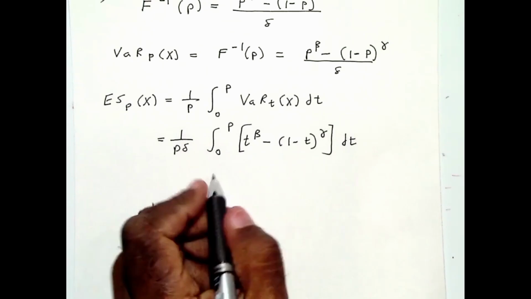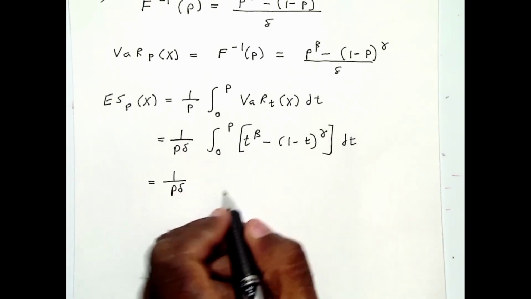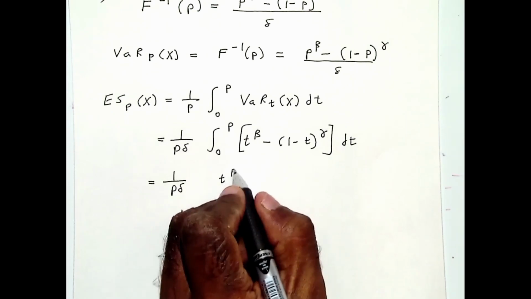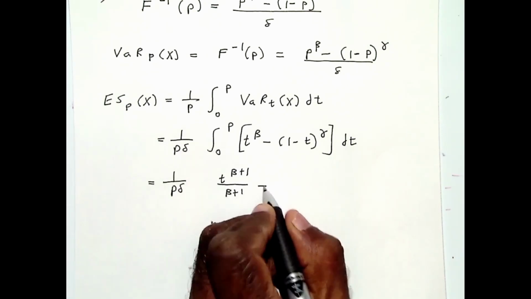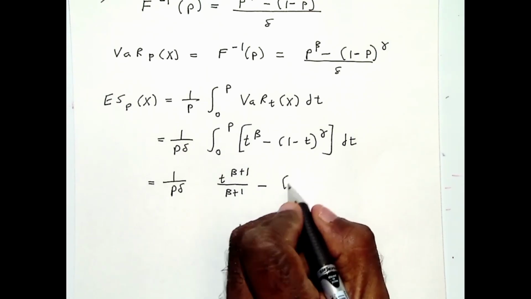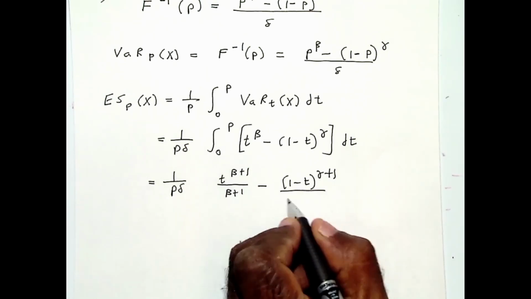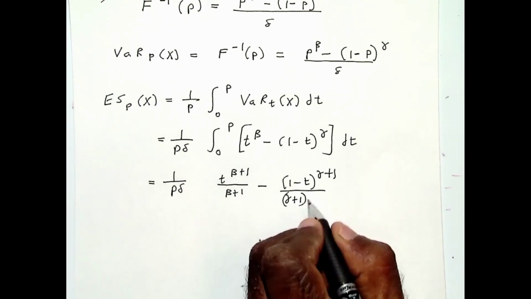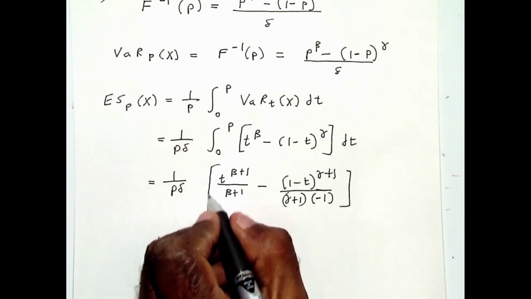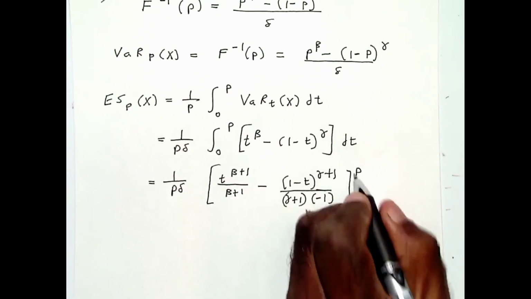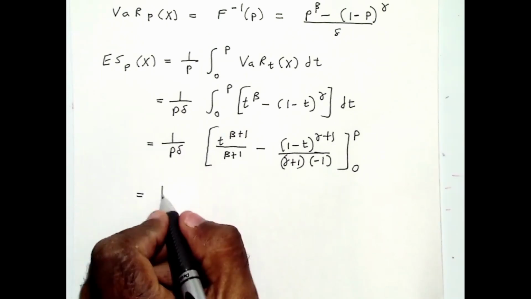Integrating this, you get the integral of this. Taking the limits, this is what you will get.